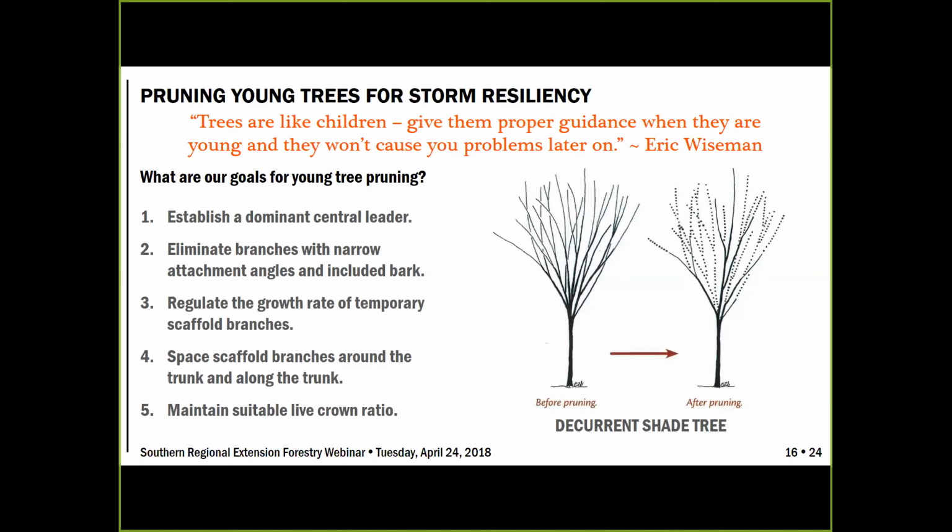And I would contend, and most experts would contend, that while this might be a desirable mature form that the tree might eventually develop into, while the tree is young, we still want to promote a dominant central leader so that we don't get crowding close to the ground of numerous branches that are likely to develop weak unions and might eventually fail in a storm event.